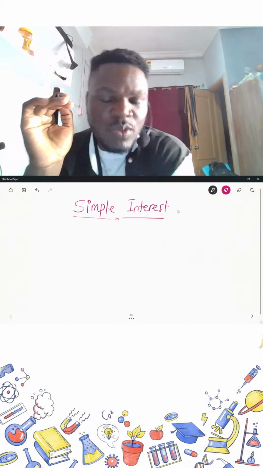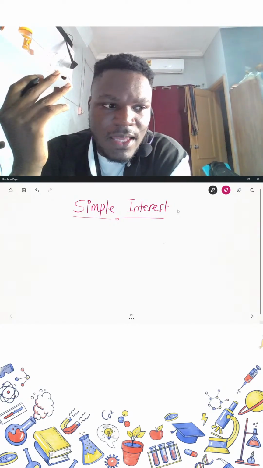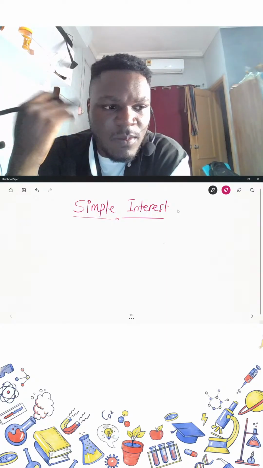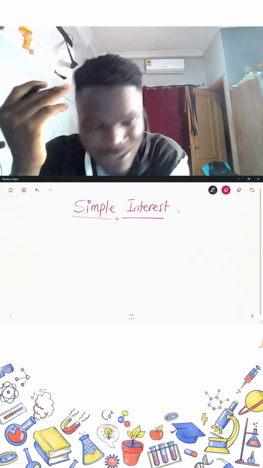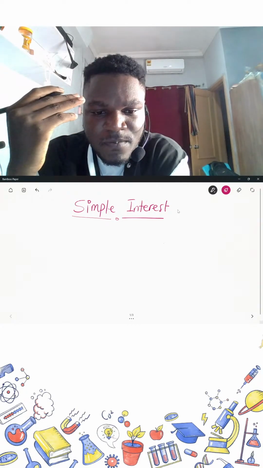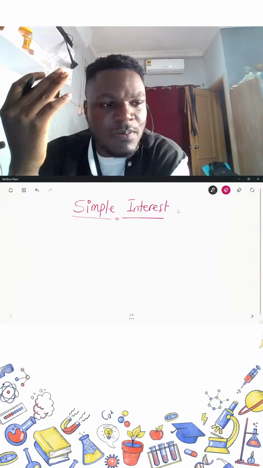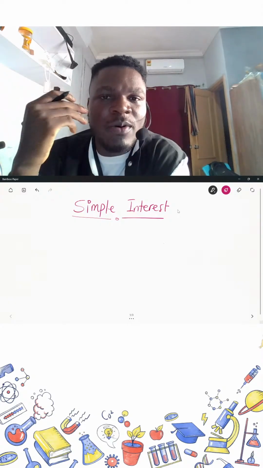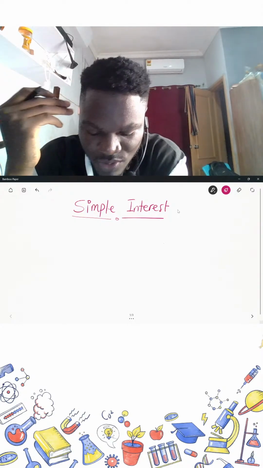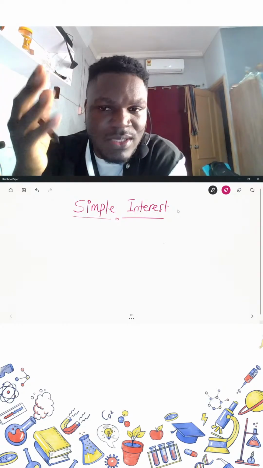What we'll be doing is looking at the concept of simple interest, the formula for calculating it, and some terminologies. For instance, what is the principal? What is the interest rate? What is the time in regards to simple interest?